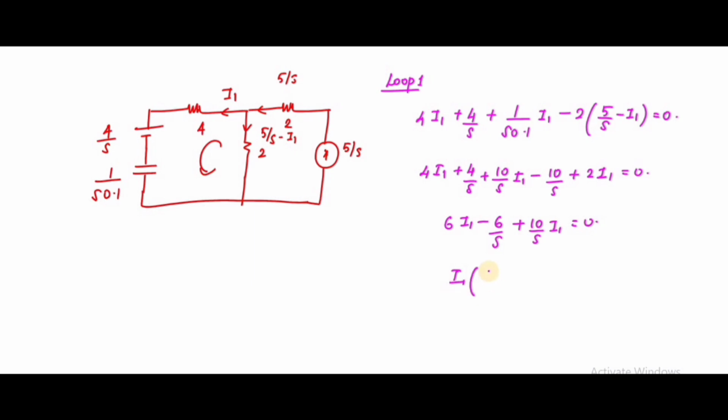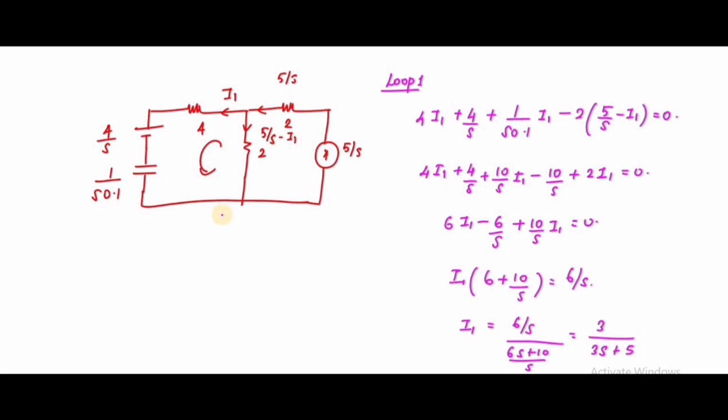Taking I1 common, 6 plus 10 by s is 6s plus 10 divided by s. So I1 is equal to 6 by s divided by 6s plus 10 divided by s. The s's get cancelled out. Dividing 6 by 2, you will get 3 divided by 3s plus 5.